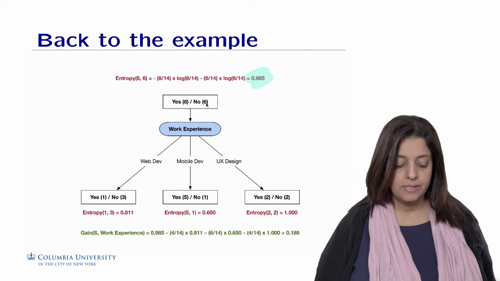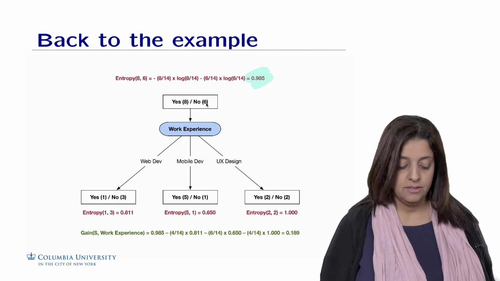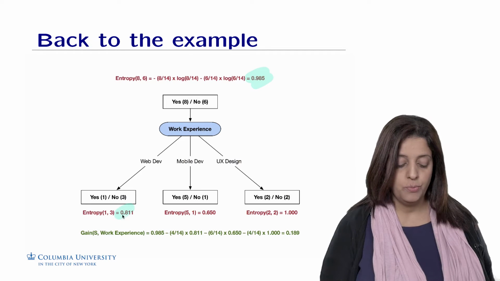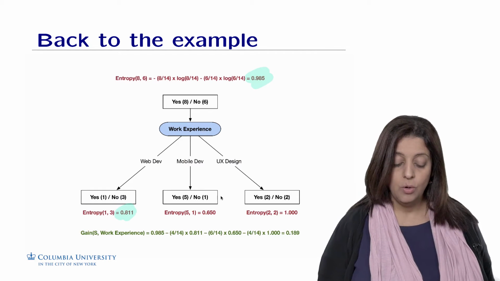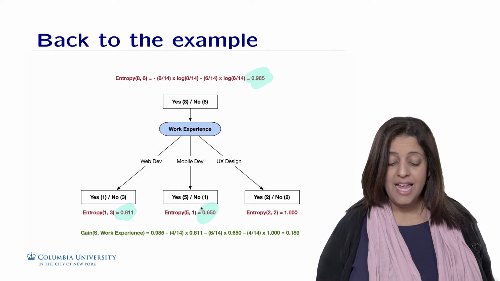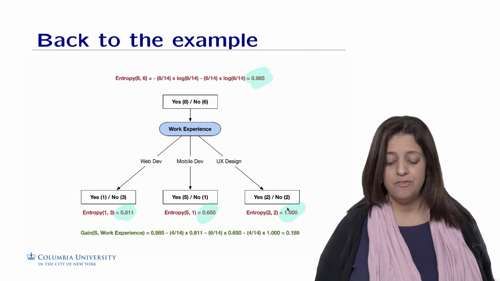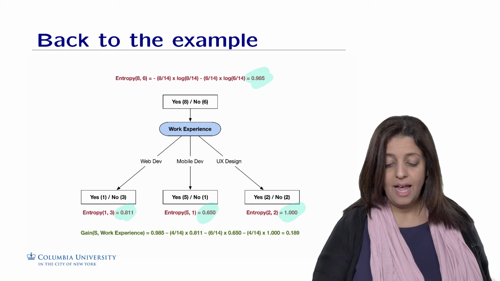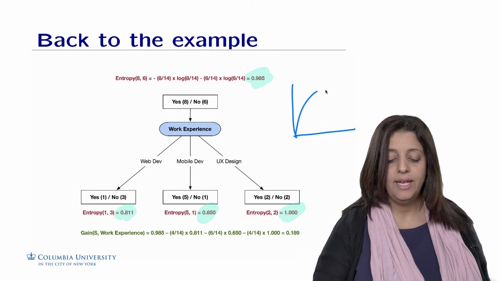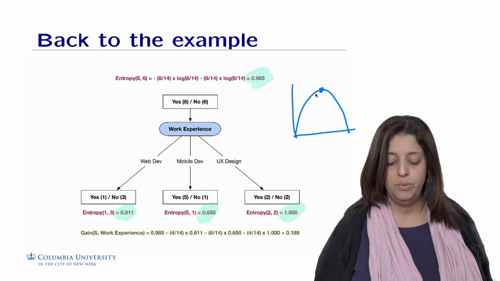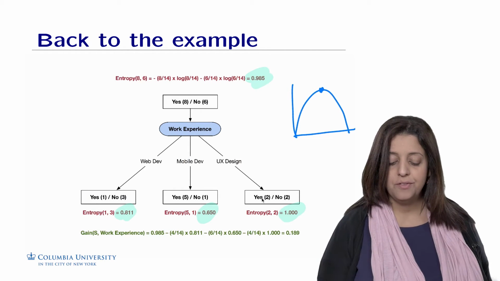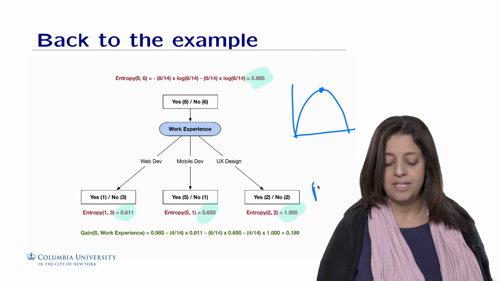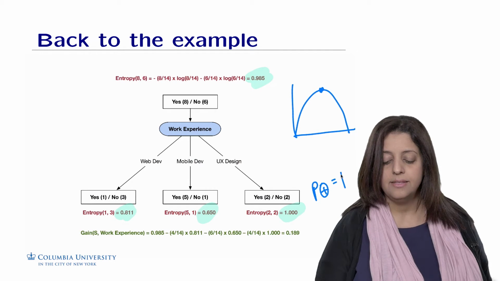If we split by work experience, the node on the left will have an entropy of 0.81, the node in the middle would have an entropy of 0.65, and the node on the right will have an entropy of 1. In the node on the right, we are really at the maximum of the entropy value. Why? Because we have 2 positive and 2 negative examples, which means that our proportion of positive is equal to our proportion of negative examples.